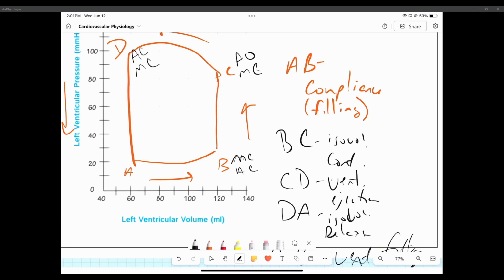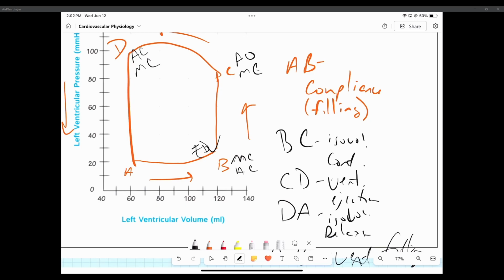Who thinks it's A? Who thinks it's B? Who thinks it's C? Who thinks it's D? Okay, B is correct. B is your end diastolic volume. Remember, this is diastole. We're filling at this point. So point B is your end diastolic volume.